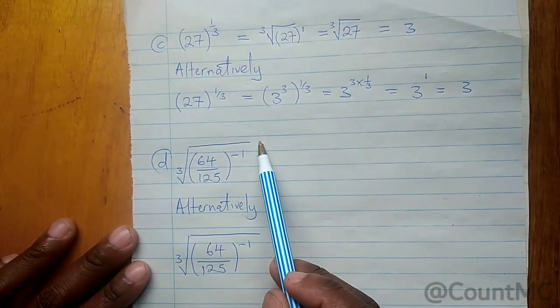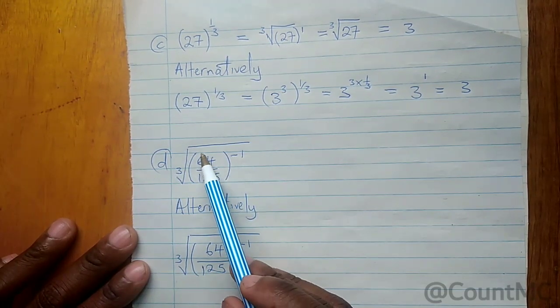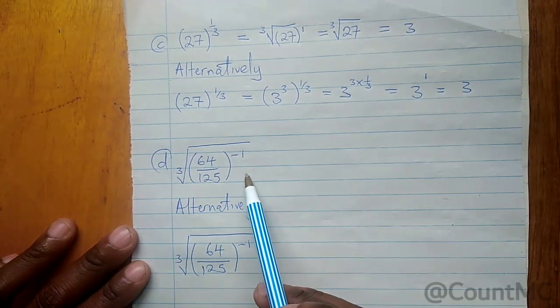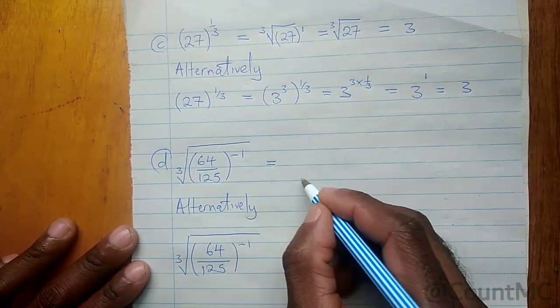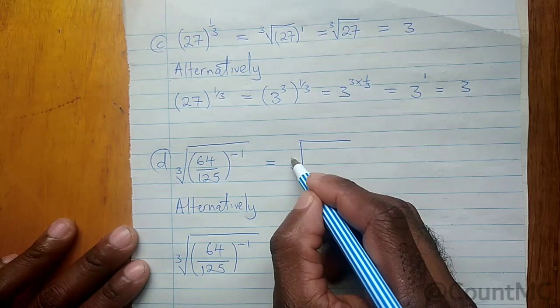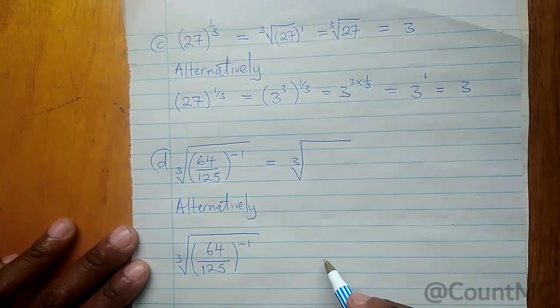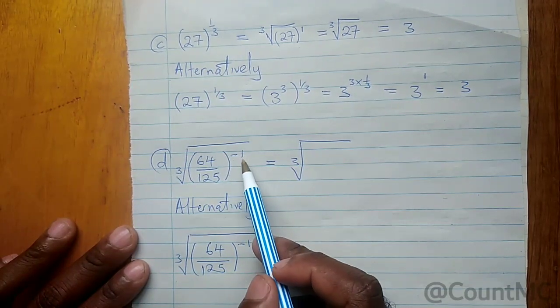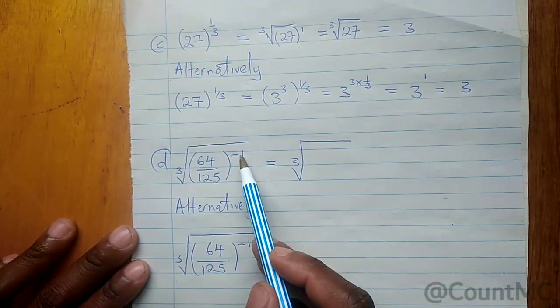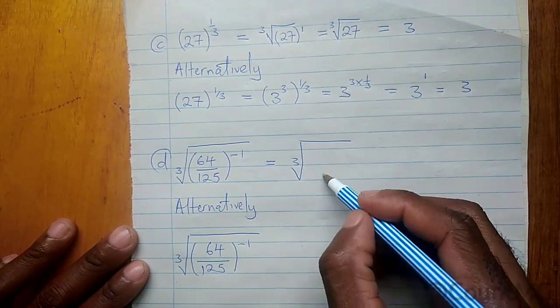Let's finish up. So they've already given you a cube root of 64/125, the whole bracket to the power -1. So I think it would be wise to remove the negative first. If we remove the negative, this will be left as a power 1, so there's no need of writing the power.